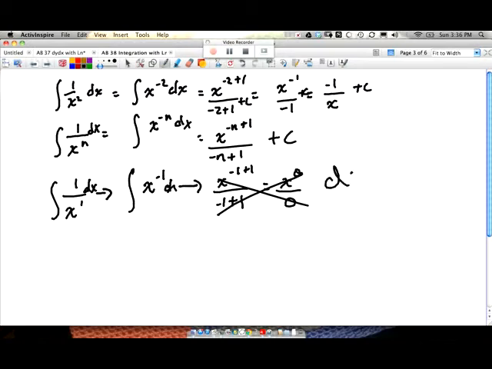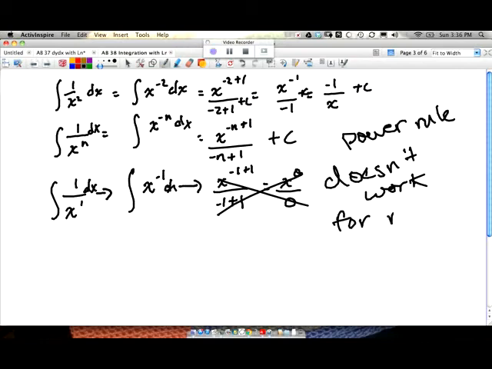So the power rule doesn't work for a power of negative 1, for 1 over x to the first. So we use natural log, because it seems to fit the pattern.